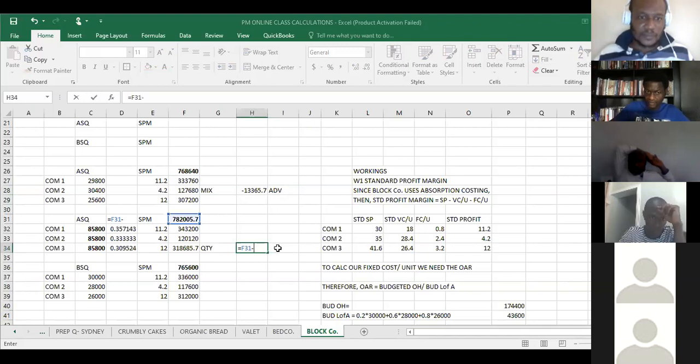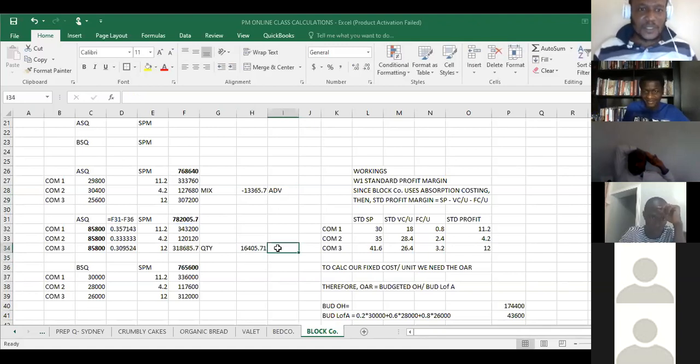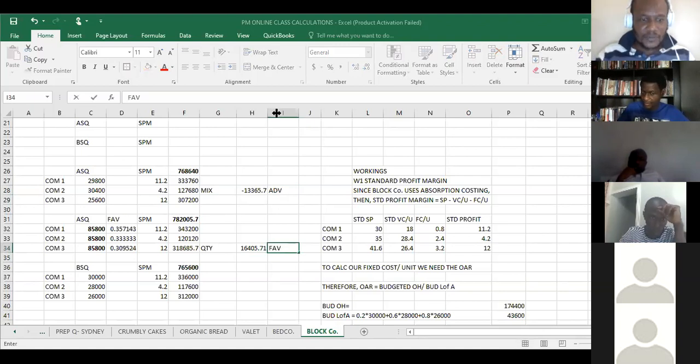All right, and why is this one 7 and 7.71? Is there an issue with this? Favorable. Oh, the figure has very, very many decimals. All right.